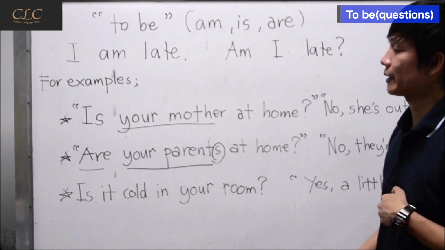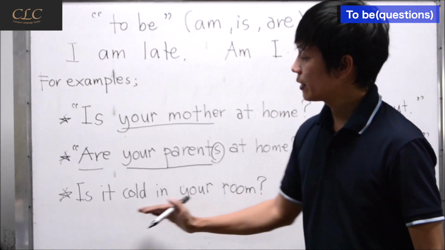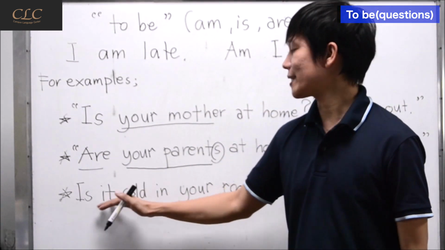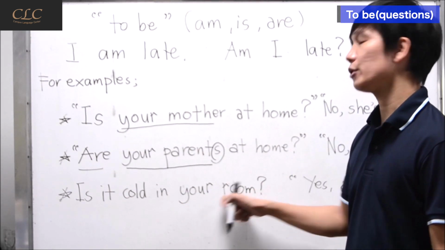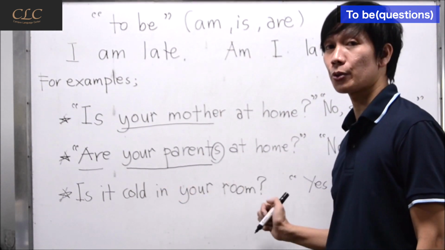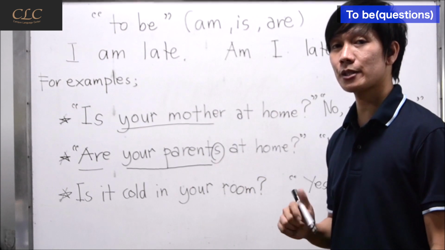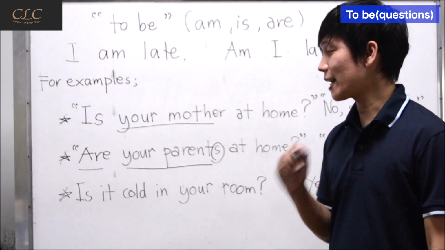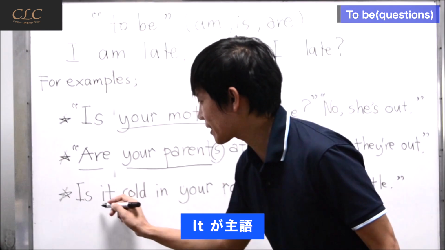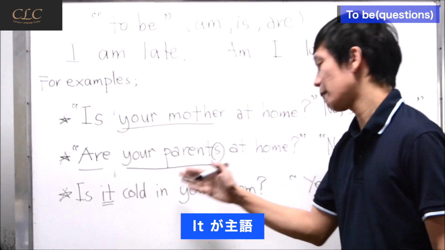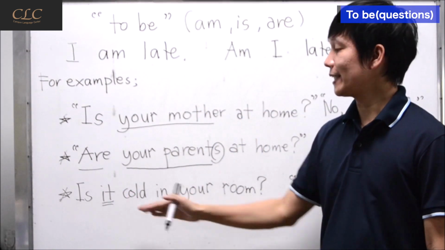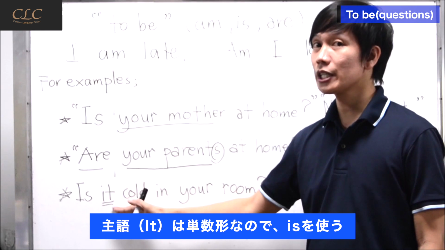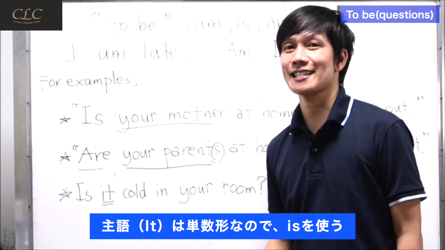Okay, now let's have the last example. Is it cold in your room? So what is the subject? Yes, the subject is it. So remember in our chart earlier, it is singular, so we should use is.